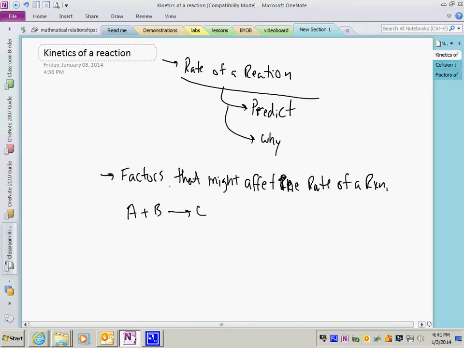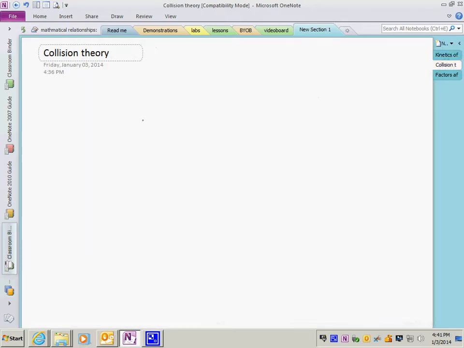We can do things with it. Before we get into that too much, we're going to look at what's called the collision theory. What do we need actually to have a chemical reaction? If I want to have A plus B proceed to C, what do I have to have in order for this reaction to occur?